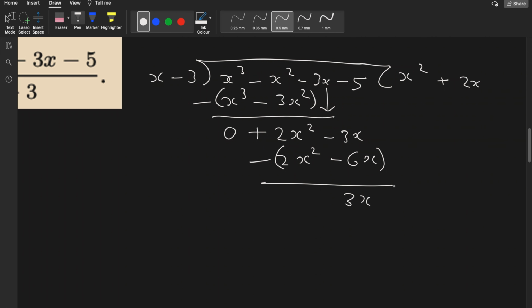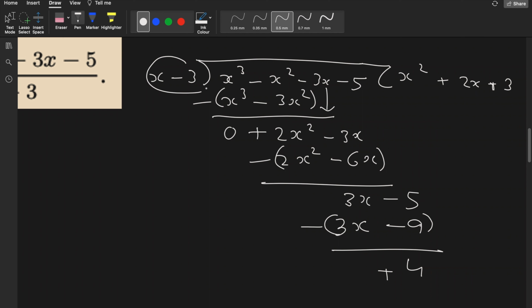Then let's bring the 5 down. If we write plus 3, we'd get 3x minus 9. When we subtract this, we get plus 4. So in this scenario, this is the divisor, this is the polynomial or p of x, this is the quotient, and this is the remainder.